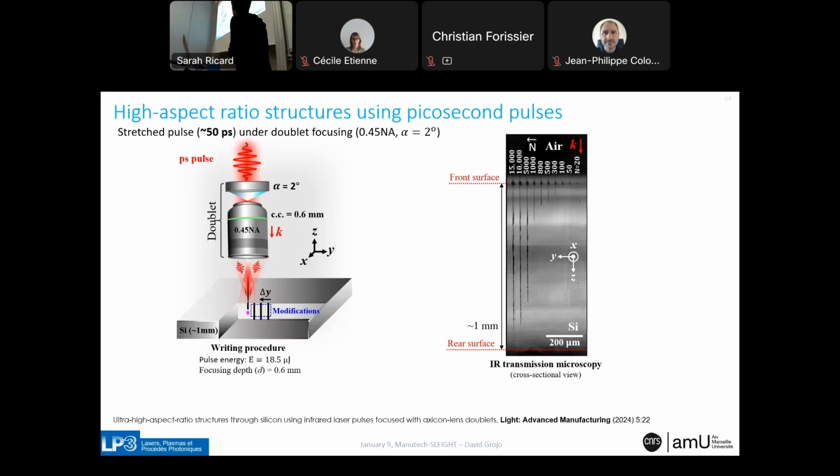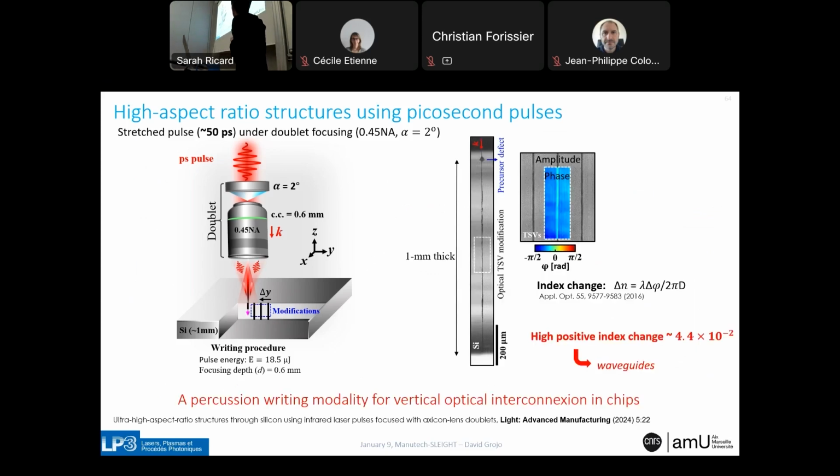And so we applied these beams to try to tentatively machine silicon in that case. So this is a side infrared view of a silicon wafer irradiated with different number of pulses with these configurations. And what you see there is that as you increase the number of pulses, progressively we can propagate a modification inside the material up to a through modification over 1 millimeter.